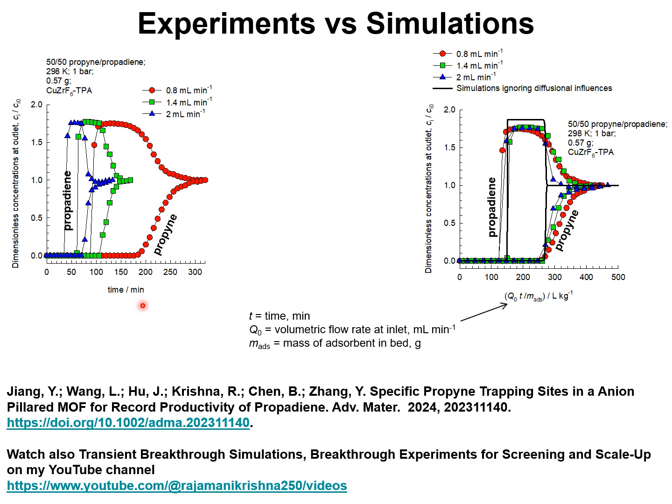The first step in the analysis of this set of experiments is to check the consistency of the data that is reported for three different flow rates.